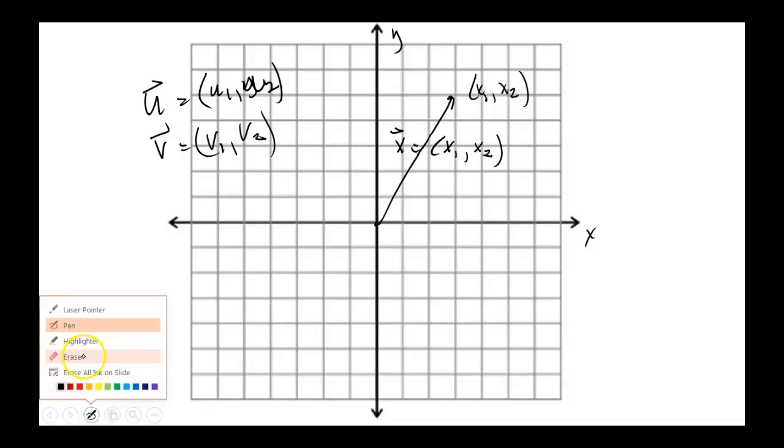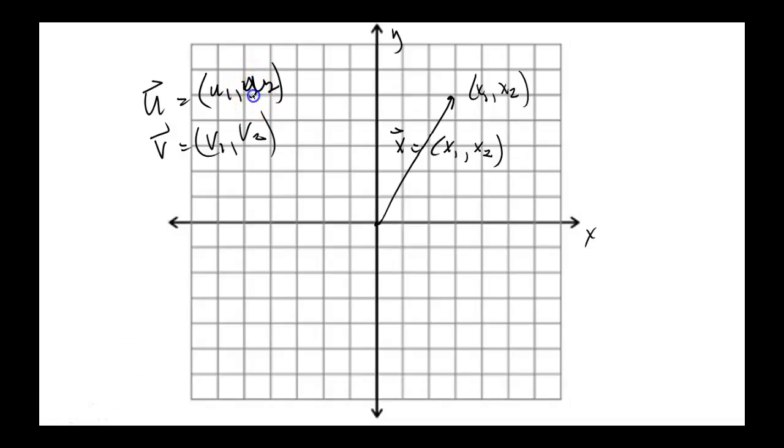Though they're not ordered pairs, they're still ordered. That means u1 has to equal v1 and u2 has to equal v2 for two vectors to be equal. That's the if and only if. These two are equal if and only if u1 equals v1 and u2 equals v2.